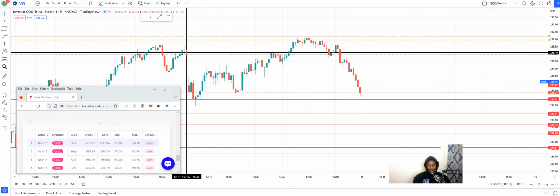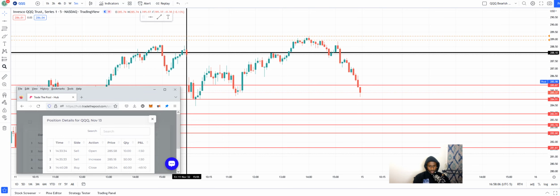So the first trade of the day is around 9:33, on this candle. At 9:33, I placed a sell order at 285.58, and I'm going to use a purple line to indicate my trades, and then I'll clear them off when I move on to another one.